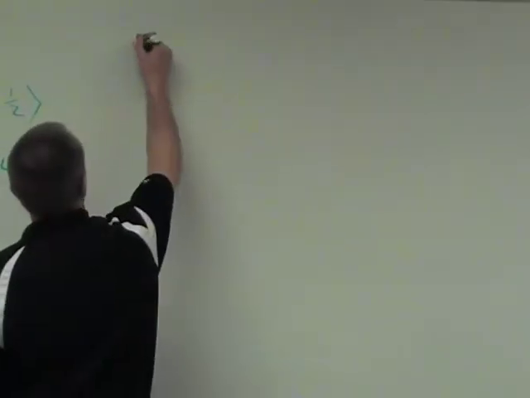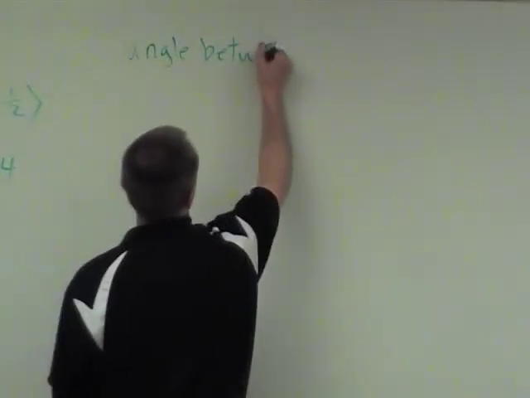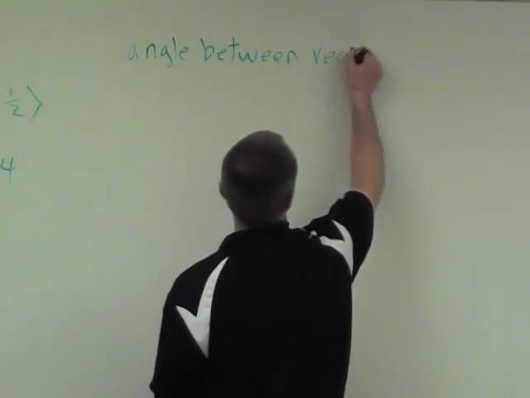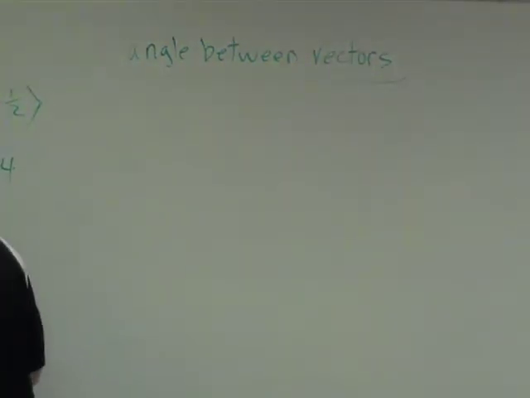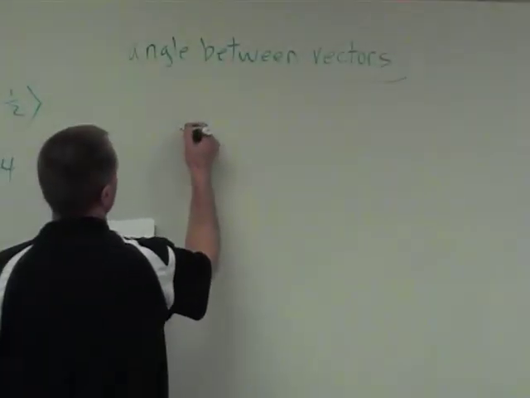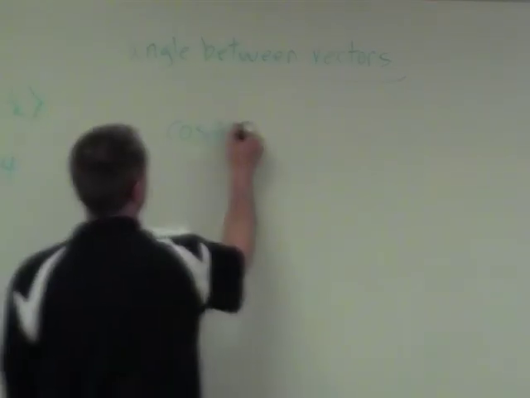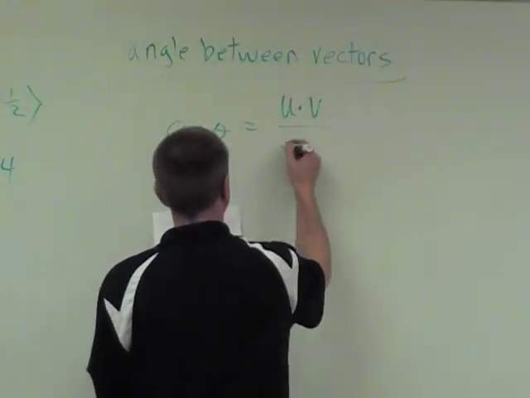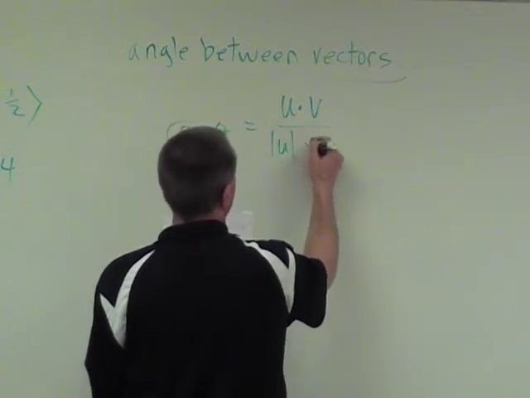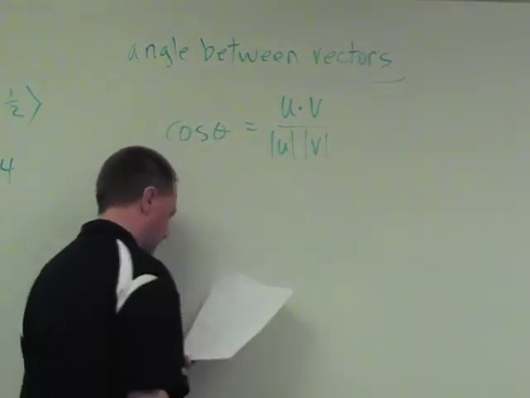Okay, almost done. Now let's do some angles between vectors. Your formula for the angle between vectors was cosine of theta equals the dot product of u and v over the magnitude of u times the magnitude of v.